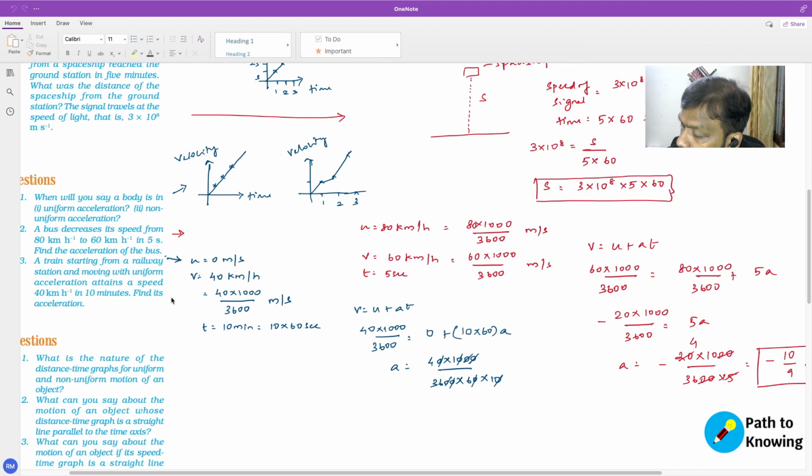So its acceleration is 4 over 36 into 6, which is equal to 1 over 54. So it's going to be 1 over 54 meters per second square. So that's your acceleration here. The train accelerated at 1 over 54 meters per second square.